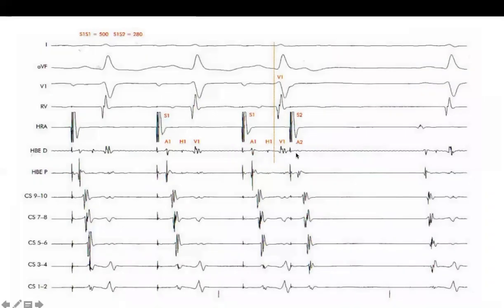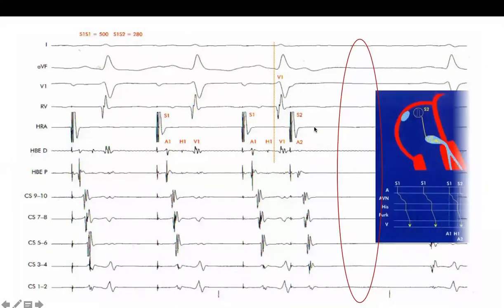And if you go even more, you may block in your AV node conduction, and there is no H here, meaning that you have supra-Hisian block, which is normal physiology. So A, and this is the extra stimulus, and the AV node could not tolerate this short duration between the last atrial stimulus and the next atrial stimulus, which is the extra stimulus. There is no V here.